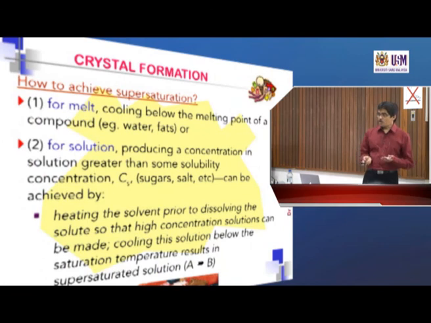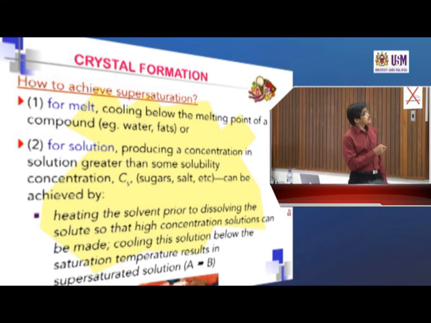For a melt, like palm oil or liquid oil, we cool it below the melting point. Well, water itself can be considered as a melt, because we just have water. Water is a solvent, but water can also be by itself a solute.